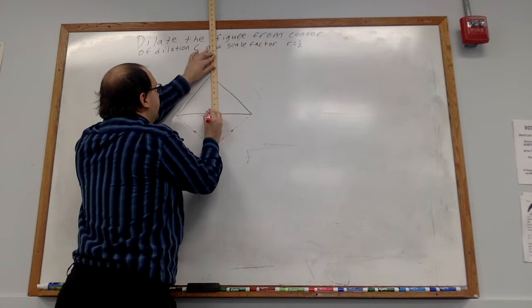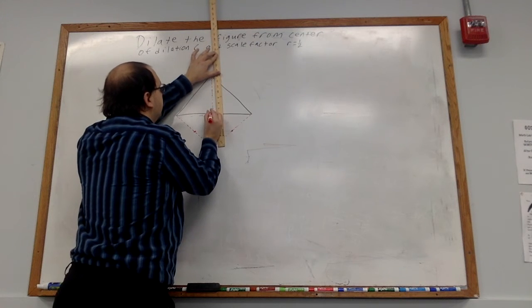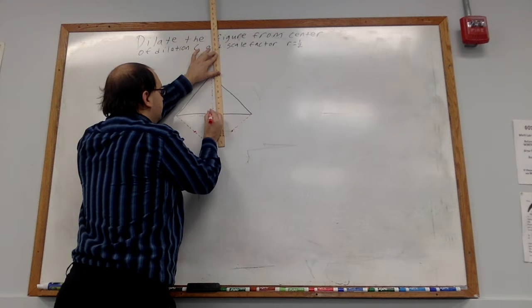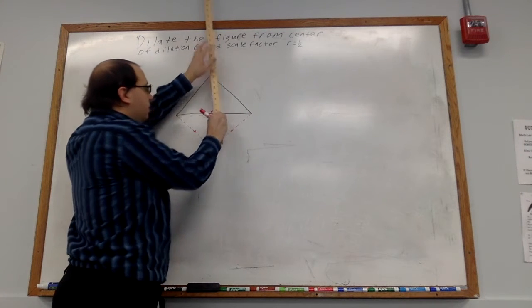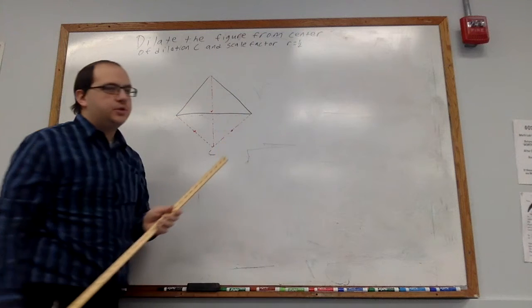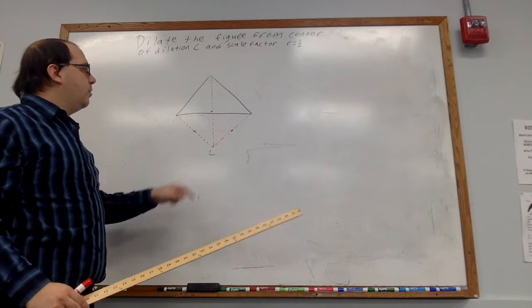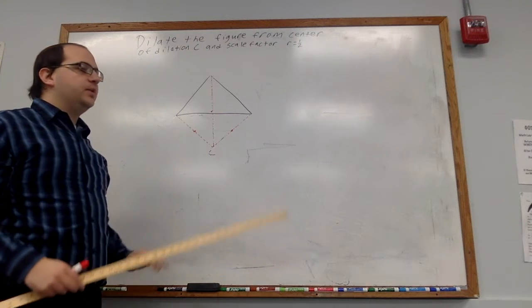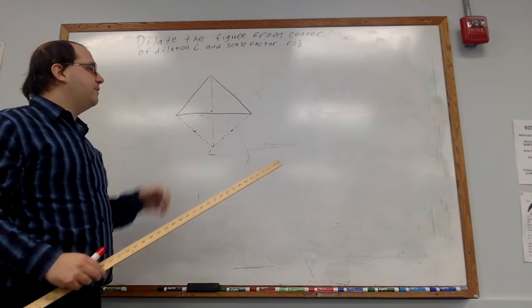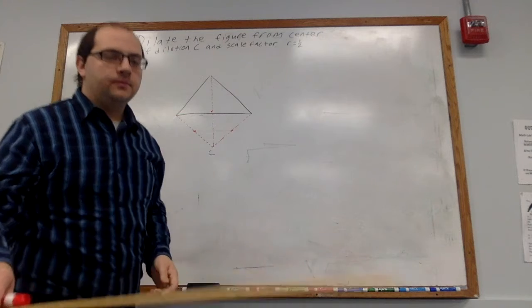So it should be right about here. And if you don't have a ruler, you can use some sort of straight edge that allows you to figure out what would be halfway, something that you can mark what's halfway, that sort of thing.